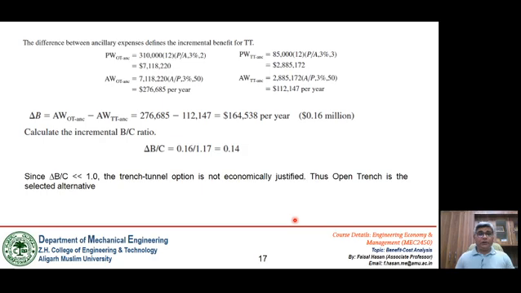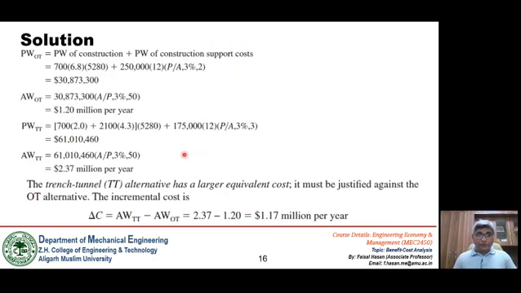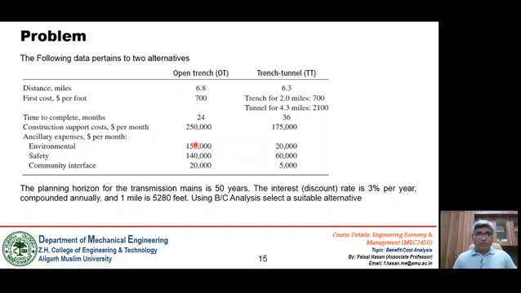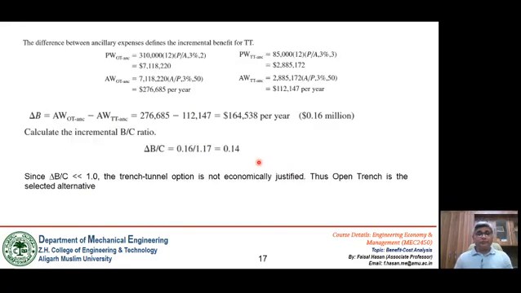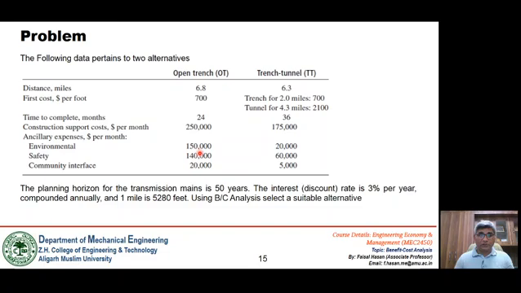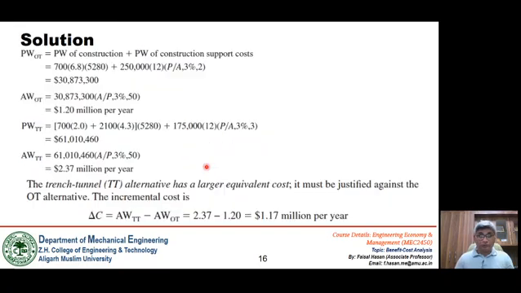Similarly for the benefits, the benefits are given per month. For 24 months these are the monthly benefits for the open trench, and for 36 months for the tunnel trench. We convert them into annuities extending up to year 50. For the open trench, if we add all three, this comes out to be $310,000.